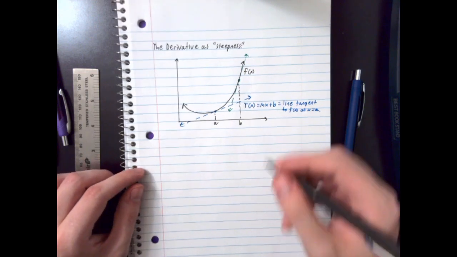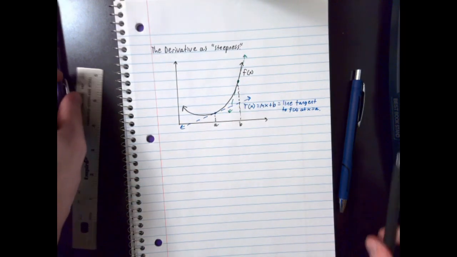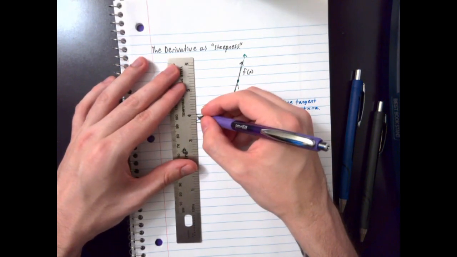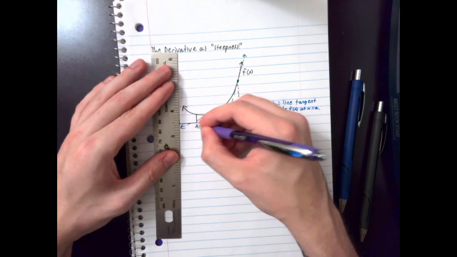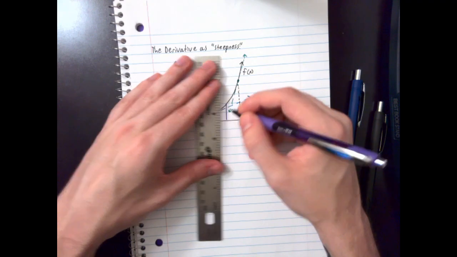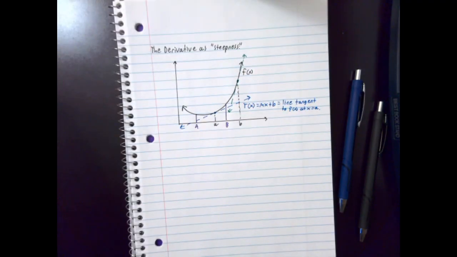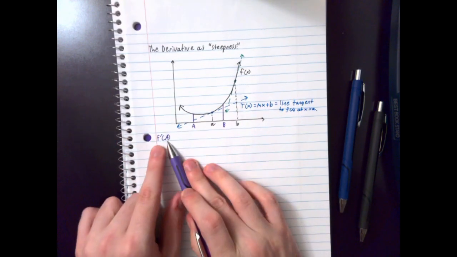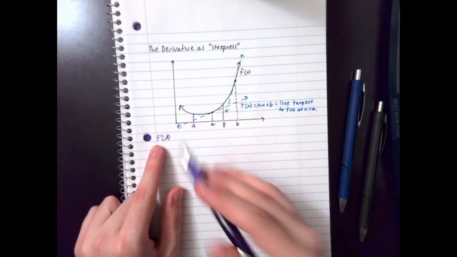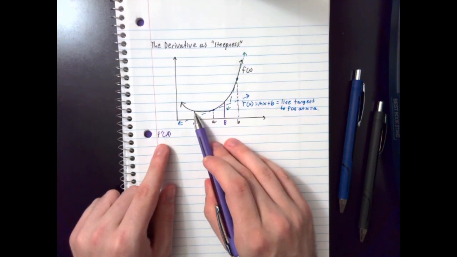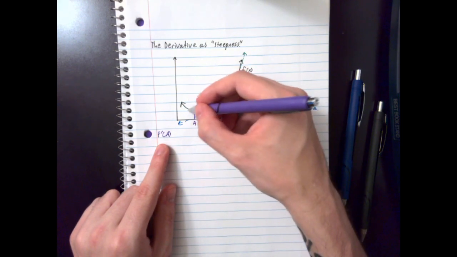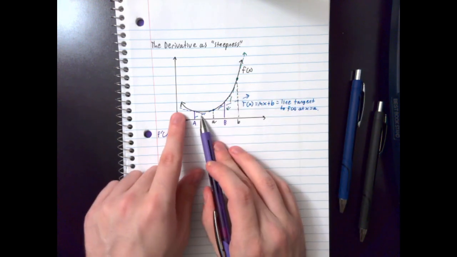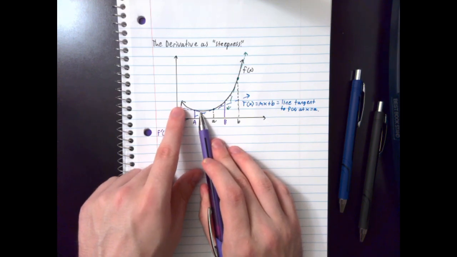If I pick out some points here, capital A and capital B, then f prime of A, the slope of the tangent line right here, would look something like that, and then this one would look something like this. The slope of this line is less than the slope of this line.